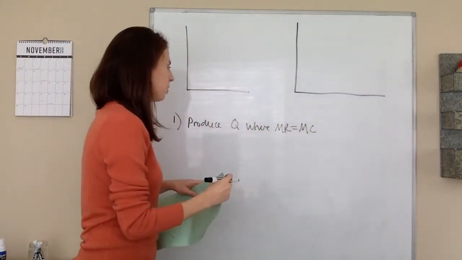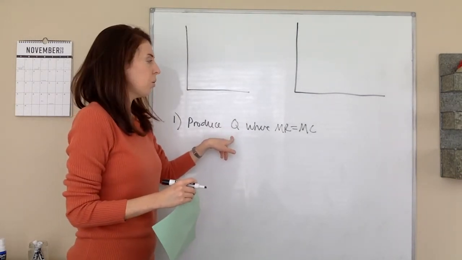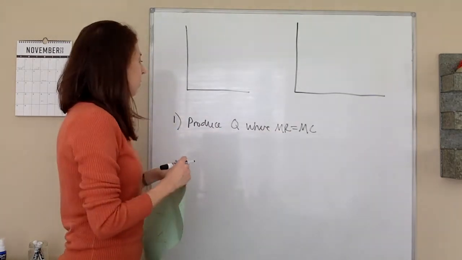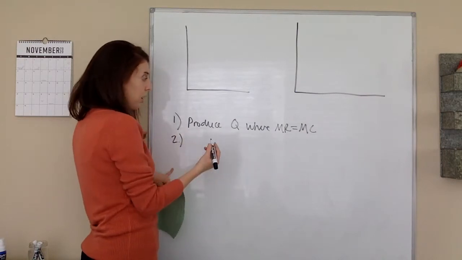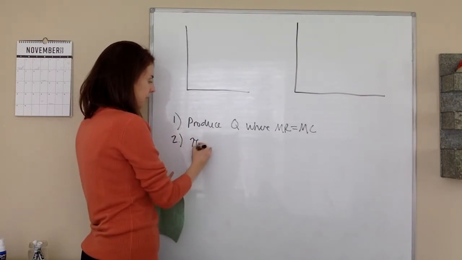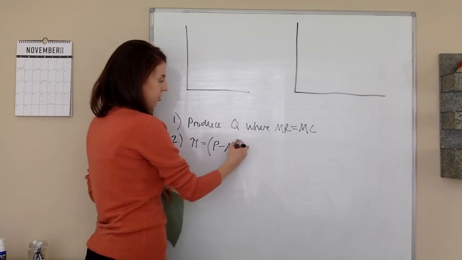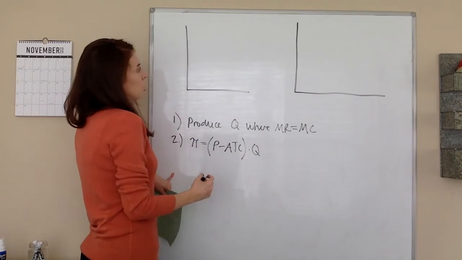And the reason they want to produce at this particular quantity is because this is the quantity which, according to calculus, will maximize their profit. The second thing we calculated was what the profit was. A firm's profit is equal to the price they take on the market minus the average total cost, times the quantity that they're selling.